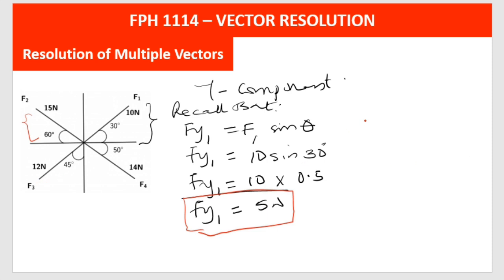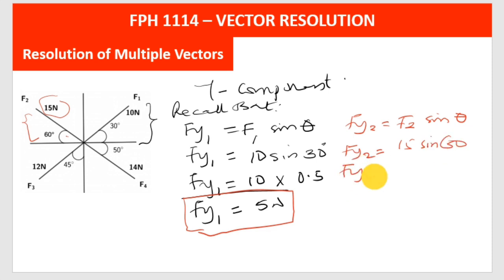Fy2. So for Fy2 we have Fy2 equal to F2 sine theta. Remember, we are still on the positive y axis, so we have Fy2 equal to the value of F2, which is 15 Newton, multiplied by sine of the angle formed here, sine 60.